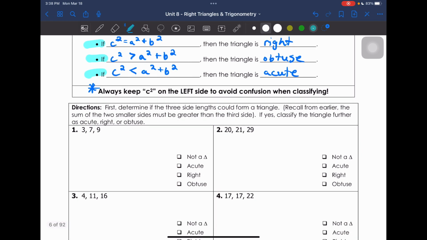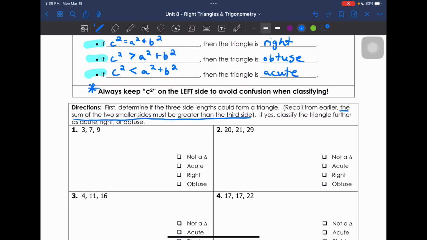So here's how we're going to do some of these problems. First, we determine if the three side lengths could form a triangle. The sum of the two smaller sides must be greater than the third side. So in a triangle, that always has to be the case.